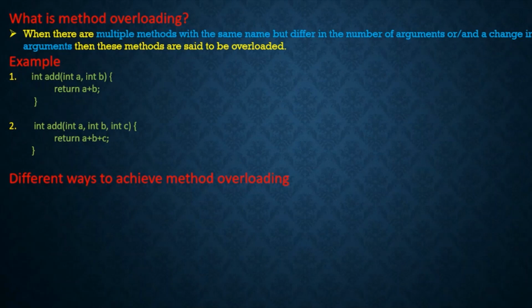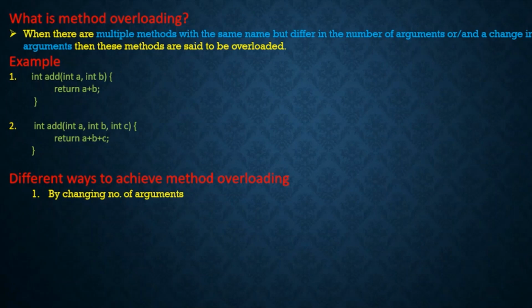Okay, then different ways to achieve method overloading. How we can achieve method overloading? Okay, just listen. By changing, I have already told, the number of arguments, or by changing the type of the argument.